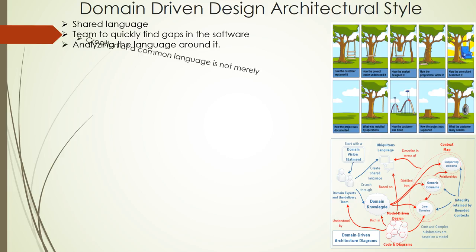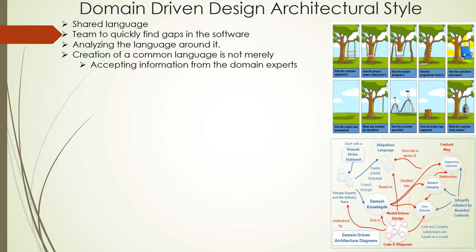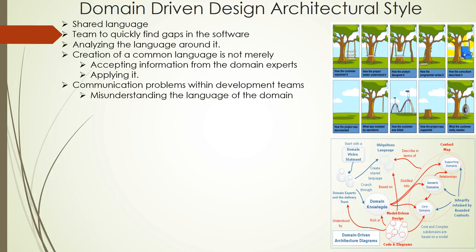The creation of a common language is not merely an exercise in accepting information from the domain experts and applying it. Quite often, communication problems within development teams are due not only to misunderstanding the language of the domain, but also to the fact that the domain's language is itself ambiguous.